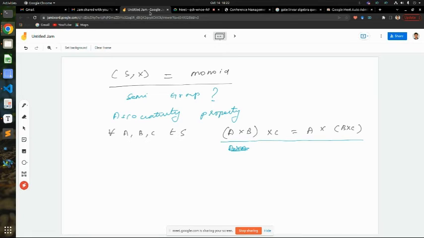Right now, for associativity you don't really need the qualifiers of determinant not equal to 0 or anything. We in general know that matrix multiplication is associative, right? In general, matrix multiplication itself is associative.